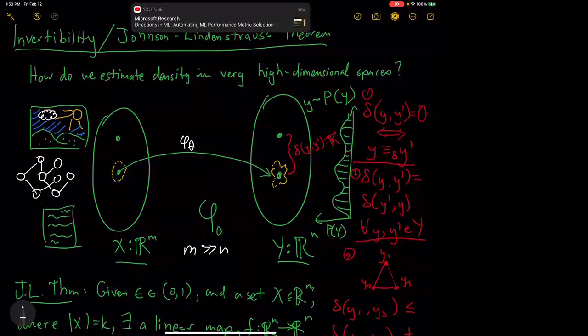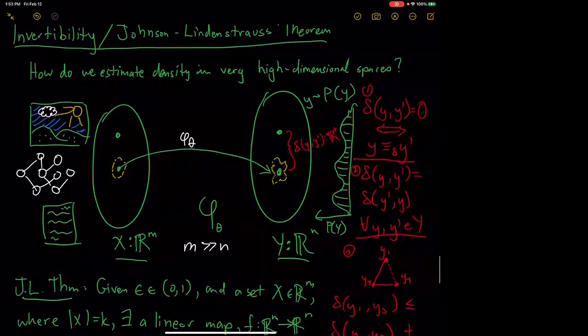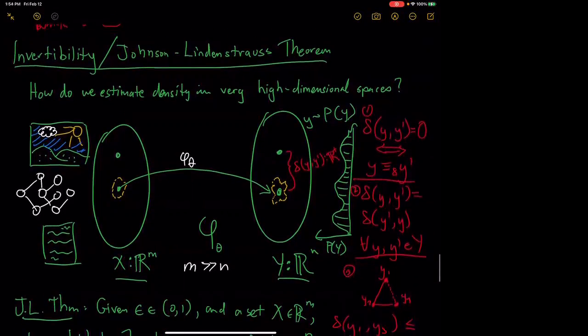They compress this space into a smaller subspace, and then compute the distribution in this latent space. And in order to do this properly, you'd like to have the distance metrics be preserved.